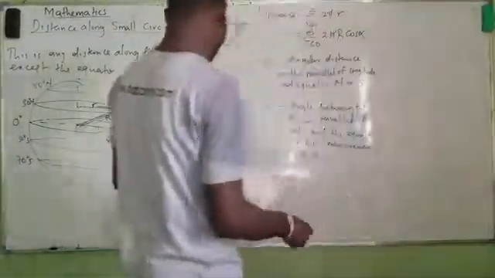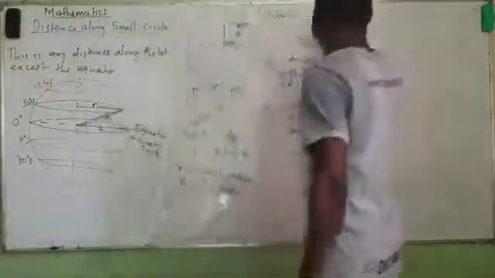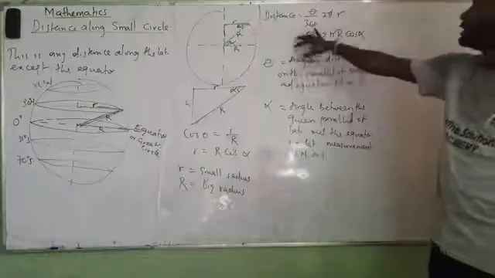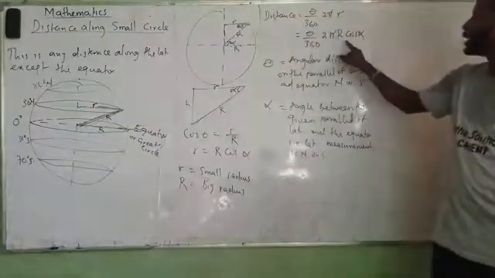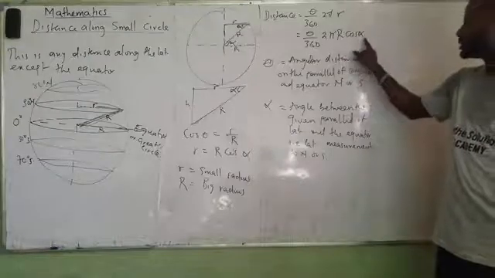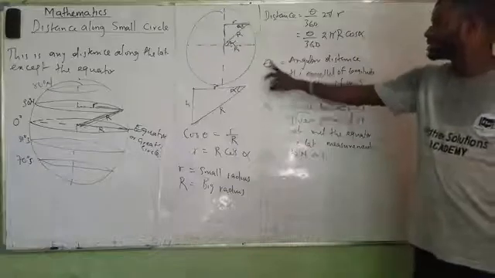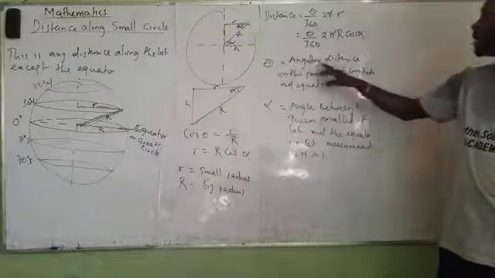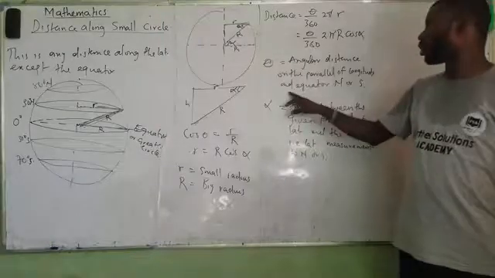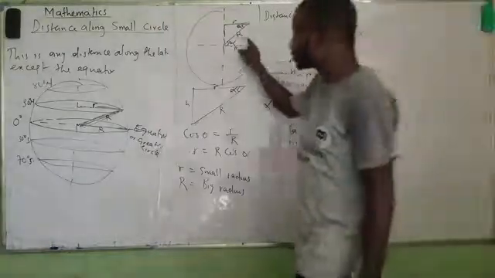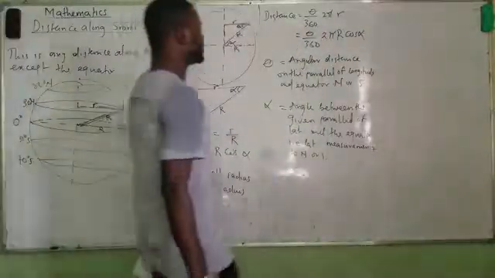So by doing this, I told you that distance can be theta over 360 times 2 pi r, and by substituting with what I've gotten here, it equals theta over 360 times 2 pi big R cos alpha. Theta is the angular distance on the parallel of latitude, and don't forget that this is the equator. The R here is the radius of the sphere.